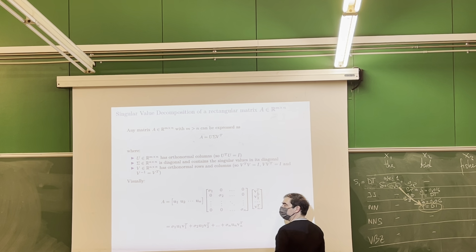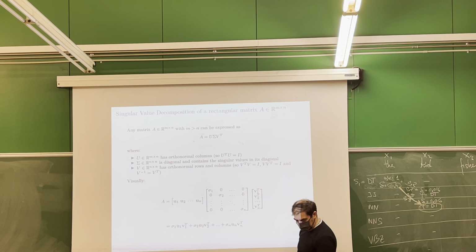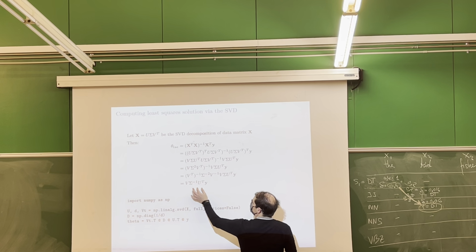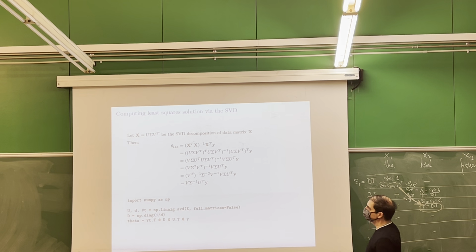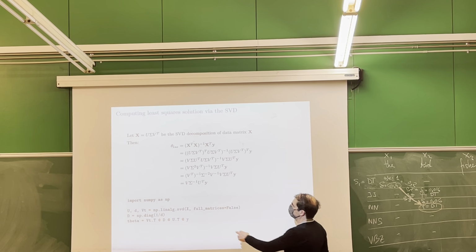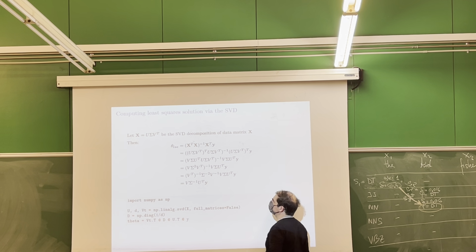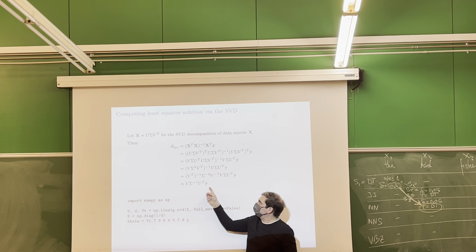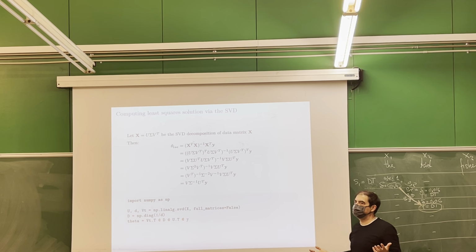So this matrix is very easy to invert. Here this inversion is very, very simple, and then multiplied by U transpose and that's all. So instead of solving this problem, we solve this other one, and they are equivalent.